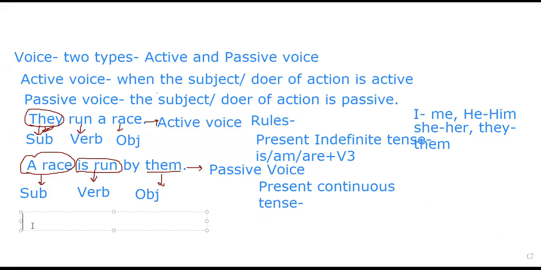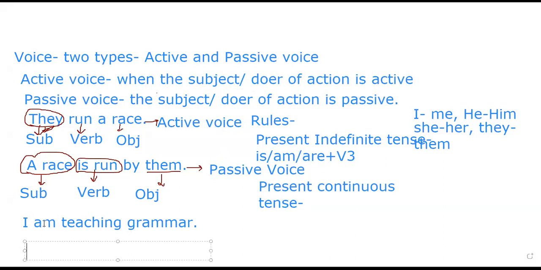Suppose I say, I am teaching grammar. Okay. Now this is an example of present continuous tense, which is active voice. I am teaching grammar is active voice, correct? Now how will you change it into passive voice?